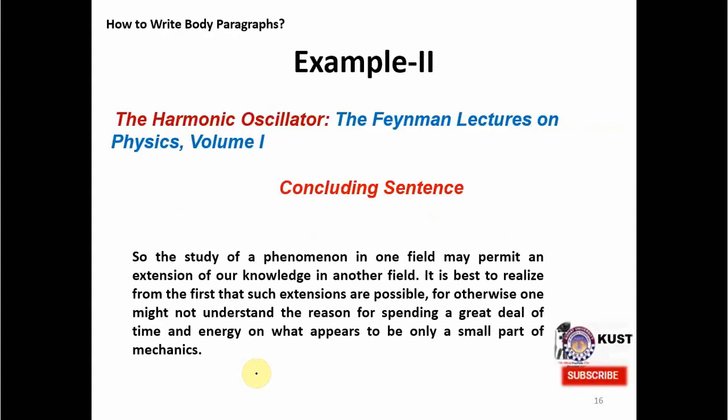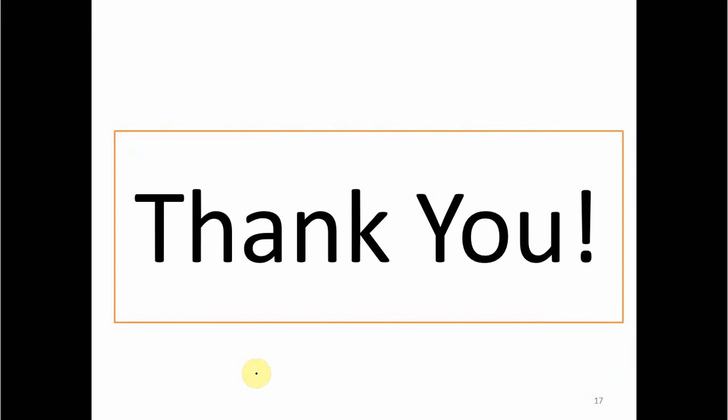So we have seen in today's lecture how we can write body paragraphs, and how effectively we can write them, and also read them well. Because you first need to read well, and then this will give you the understanding you need for writing.